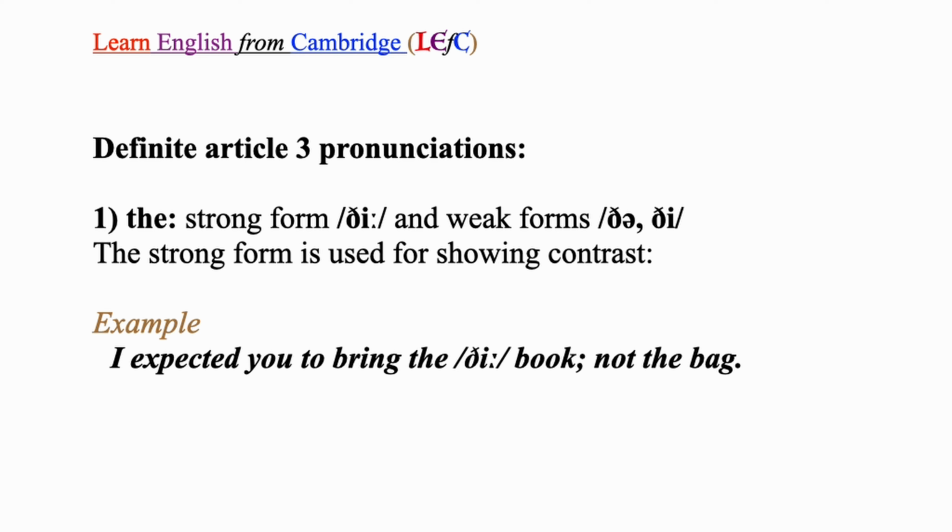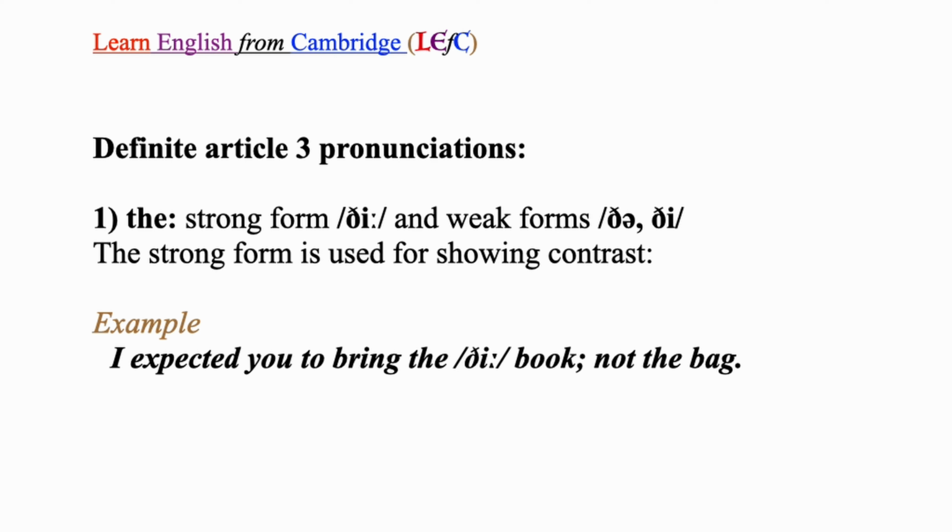You can see here after the I, that sign, just like 2 dots. Whenever we have this sign, that means we must lengthen the sound. All long vowels have this sign at the end. So this is thee.